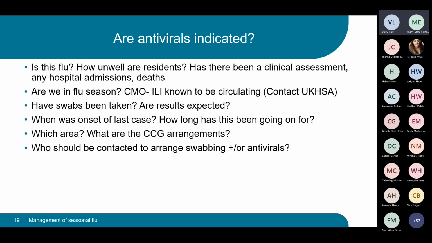Looking at whether there have been any hospital admissions, consideration of whether we're in flu season, or if we know that influenza-like illnesses are circulating. And we can help support any decisions that are made with any intelligence that we have here at UKHSA. Looking at whether swabs have been taken and how long the results are expected to take. When was the onset of the last case, and how long it's been going on for.